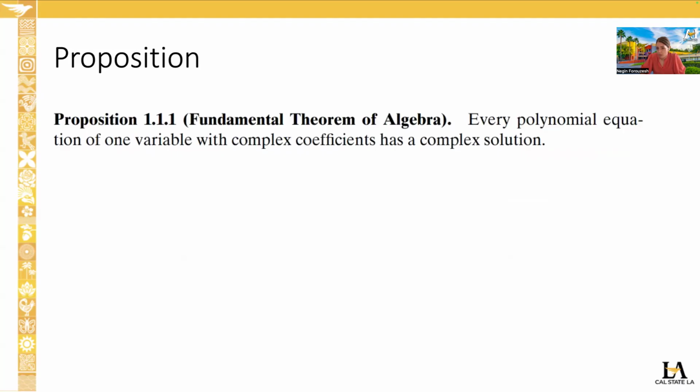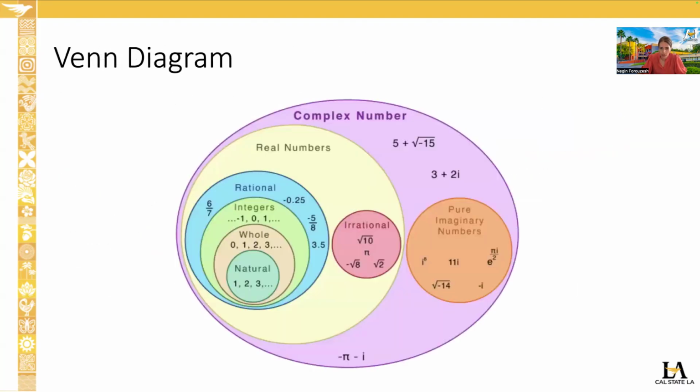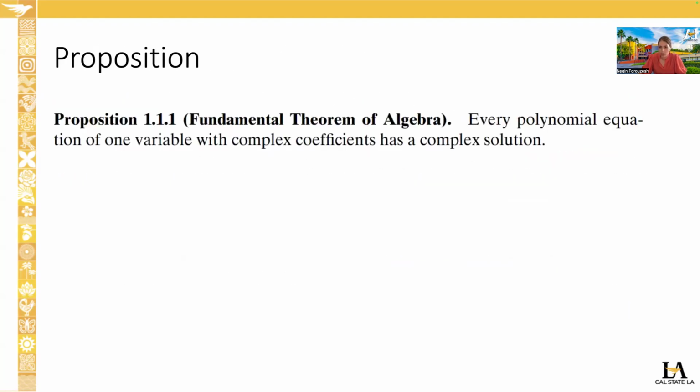And again, this is one of the main motivations for mathematicians to introduce and work on complex numbers, because what it's claiming here is that once we define this big circle of complex numbers, we are sure that every polynomial equation with only one variable, with complex coefficients, has a complex solution. So we are not missing anything in this domain, and we can find all the answers to those polynomial equations.